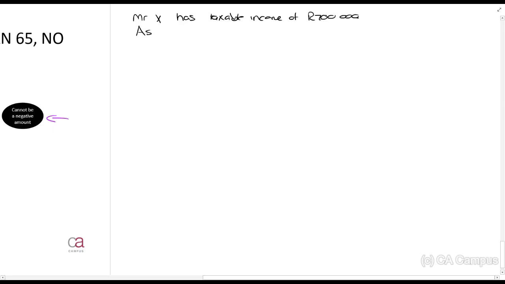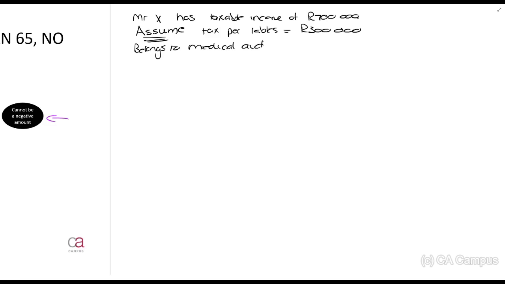I'm going to say here, assume tax per tables equals 300,000. So guys, this is all just assumption. Belongs to a medical aid. I'm showing the principle. These amounts are not correct. The principle. You need to use the correct amounts depending on your student handbook and how the Act has changed.